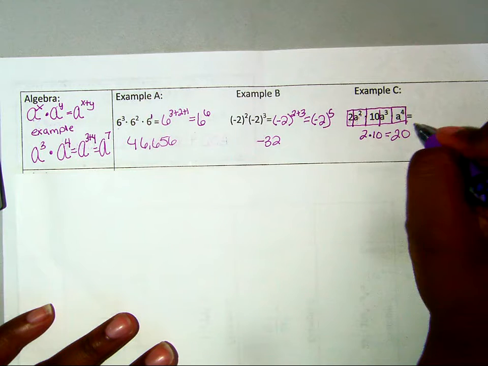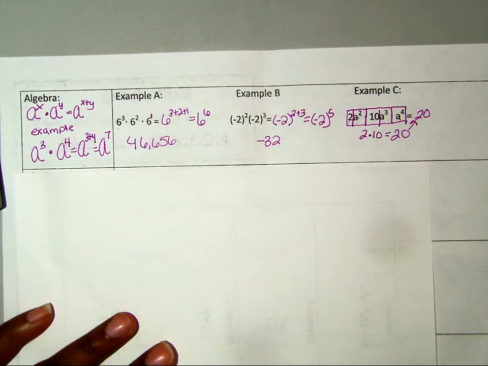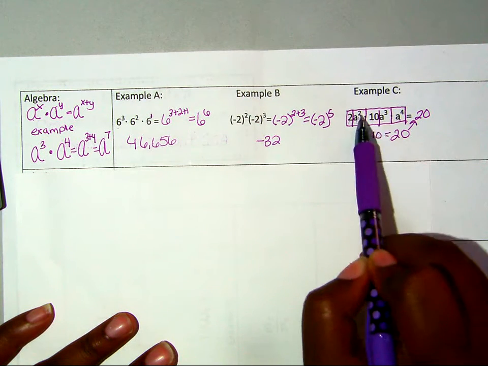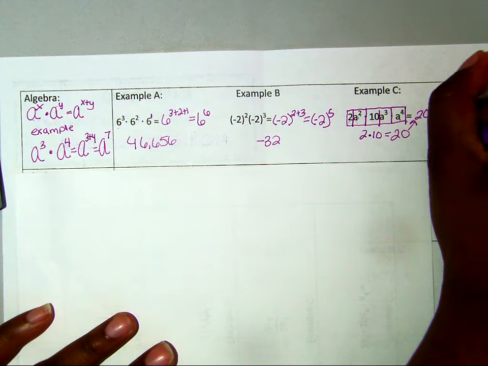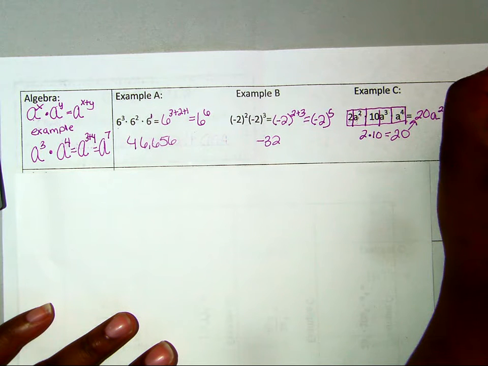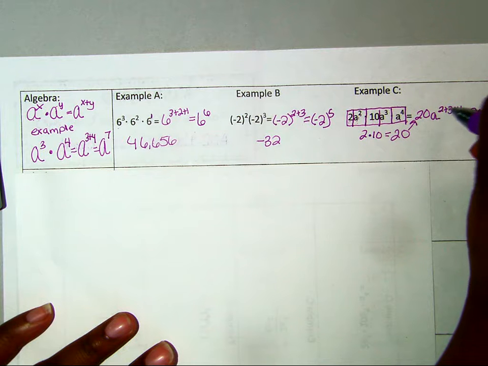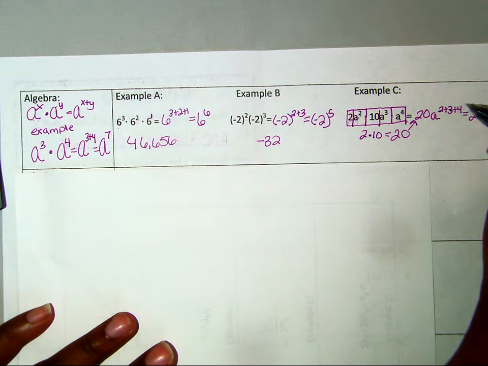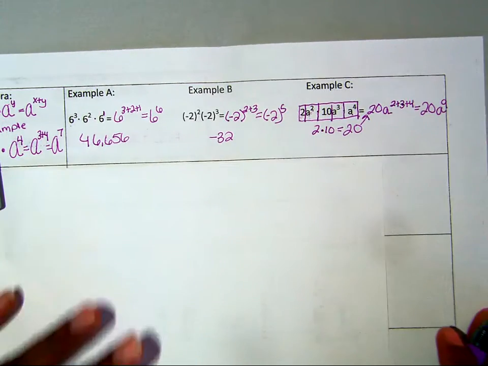I'm going to bring my 20 up here because I did that math. I have a to the 2nd, a to the 3rd, a to the 4th. So I have 2 plus 3 plus 4. I bring the 20 over. 2 plus 3 is 5 plus 4 is 9. So 20a to the 9th. That is my final answer.